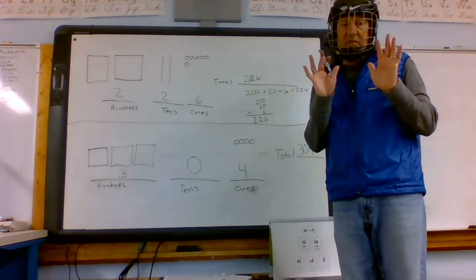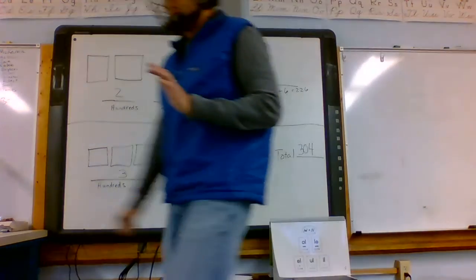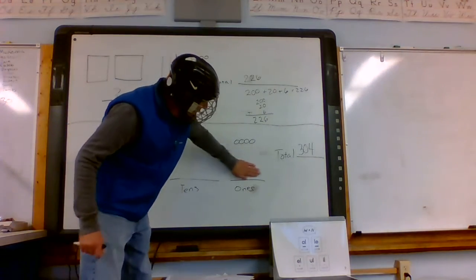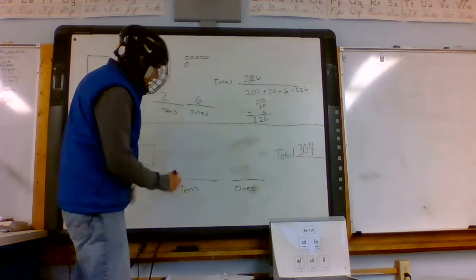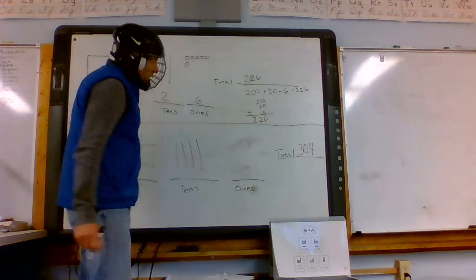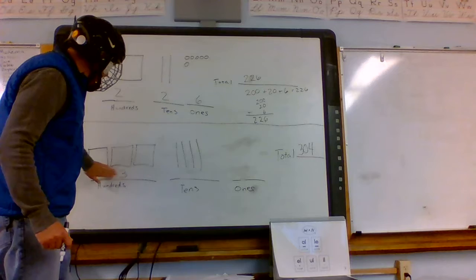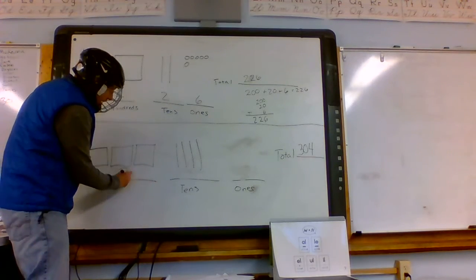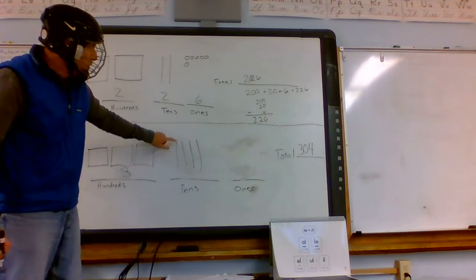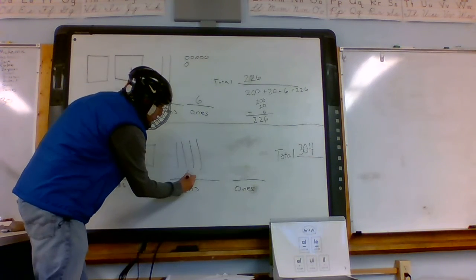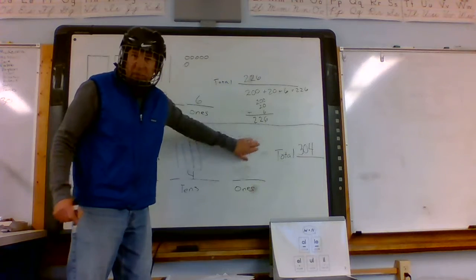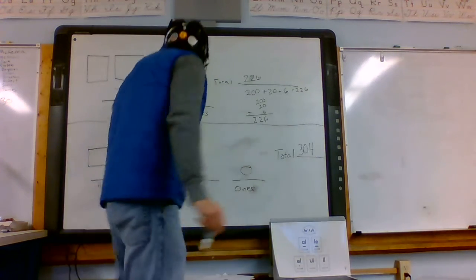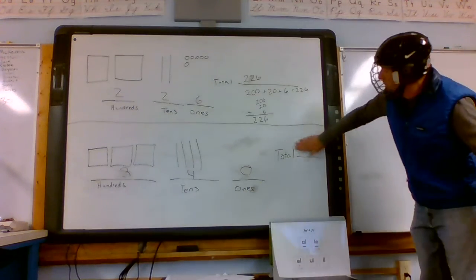Now, please stop and watch this. If I were to change this, and I put 1, 2, 3, 4 tens, and there were no ones, how many hundreds do we have? 3. How many tens do we have? 1, 2, 3, 4. 4. How many ones? Are there any ones over there? No, so it's 0. What number would that be?